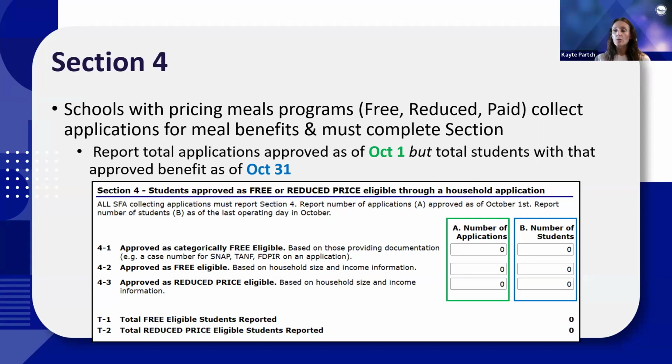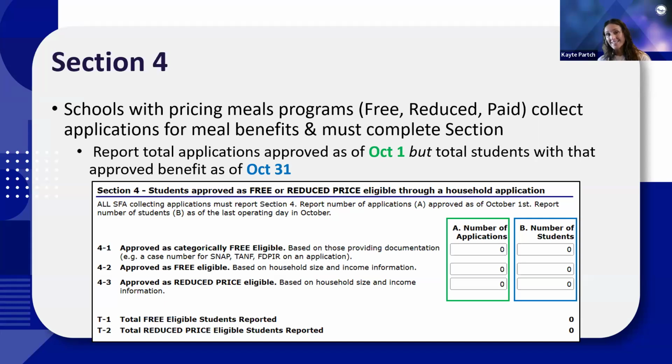Section A will include a report of the total applications the school received and approved for free or reduced price meal benefits according to the appropriate line or question here as of October 1st. So all the values that you would report in column A for questions 4-1, 4-2, and 4-3 will be representative of values as of October 1st.